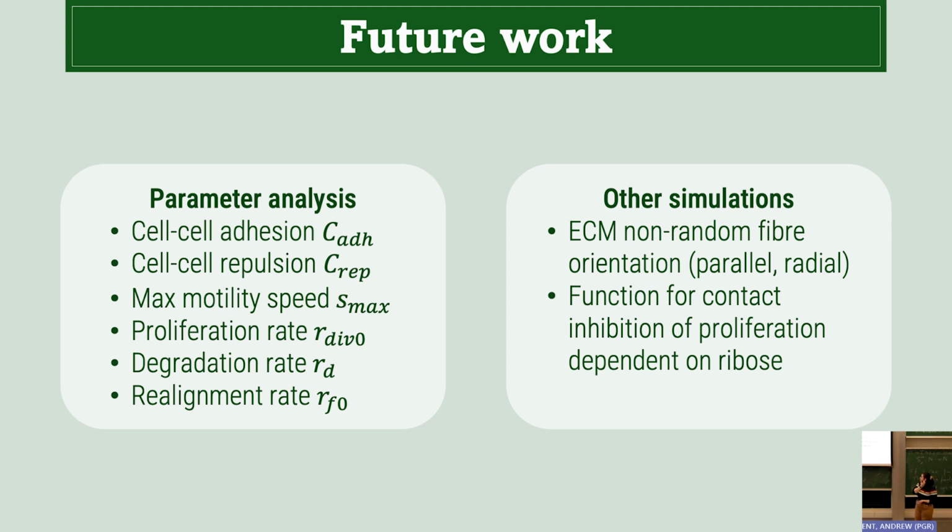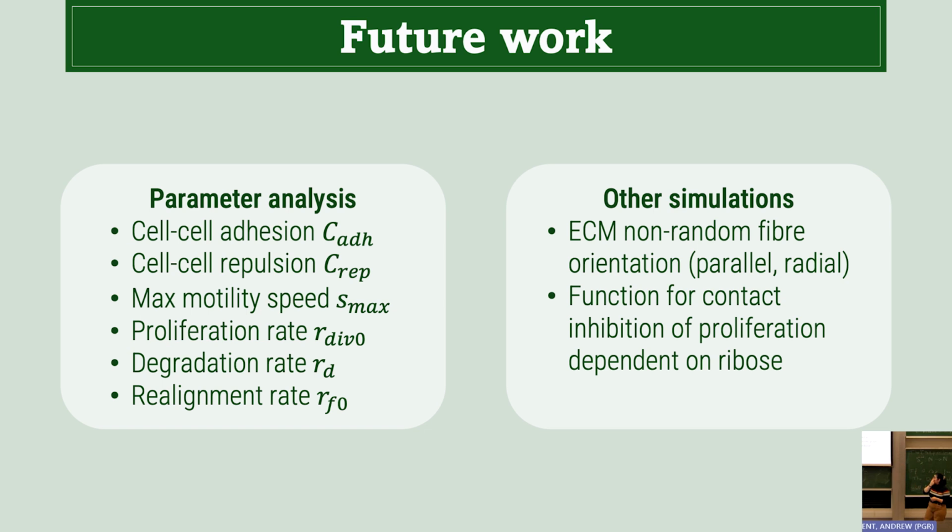And for future work, I just want to keep doing this parameter analysis, so maybe explore more about adhesion repulsion, max motility speed, but then also other parameters. So for example, proliferation rate, degradation rate, deposition rate, and realignment rate, and see what happens by changing those. But also what would be very cool is to look at simulations with non-random fiber orientation initially.